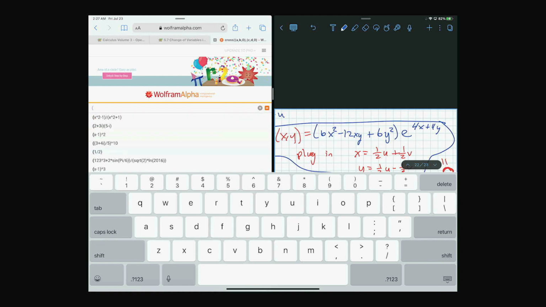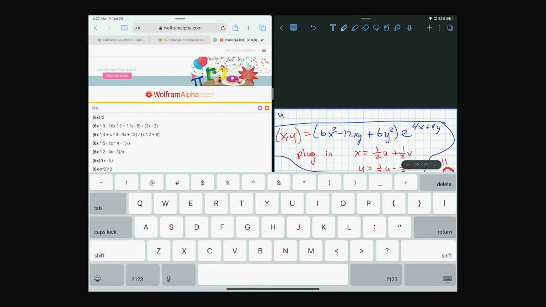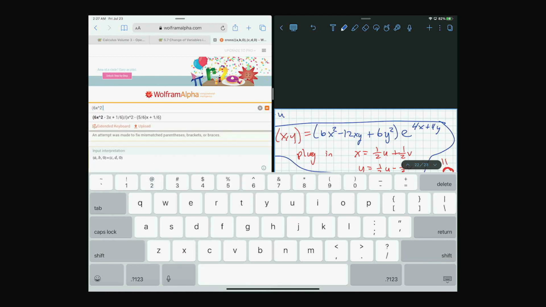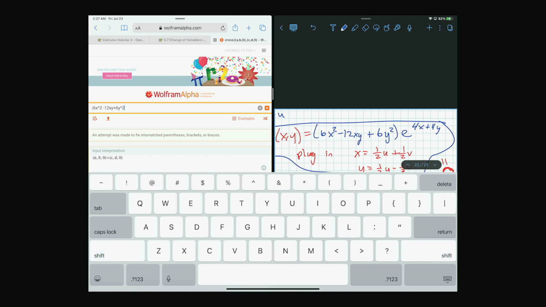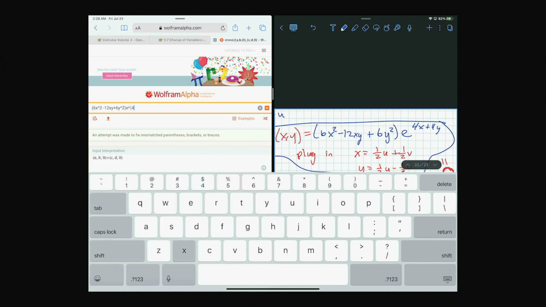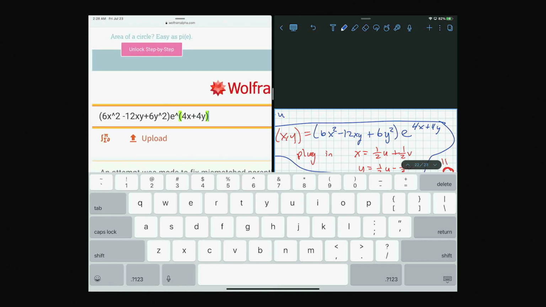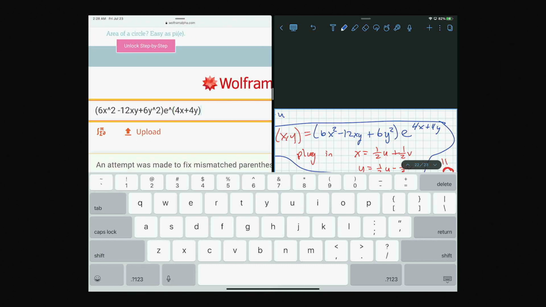I can type in 6x squared minus 12xy plus 6y squared. Now that's a perfect square trinomial if you factor out the 6, I think, but I'm going to make the computer do it for me.